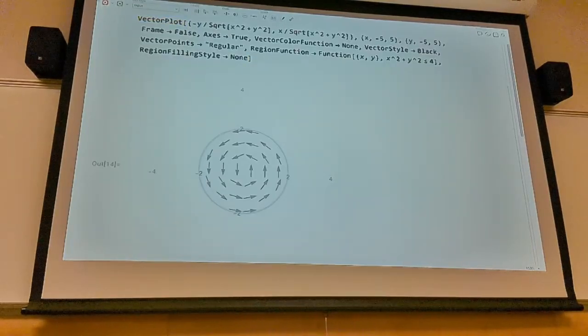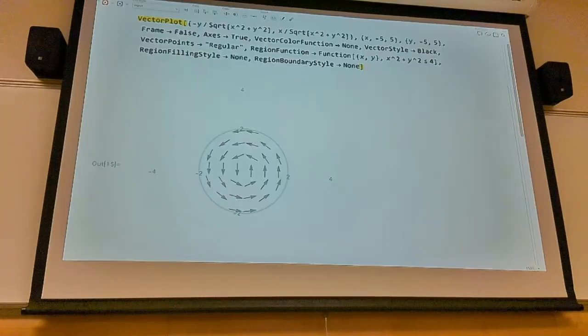I guess nothing. Gets rid of the shading. Oh, I didn't notice the shading. What do you think that's going to do?